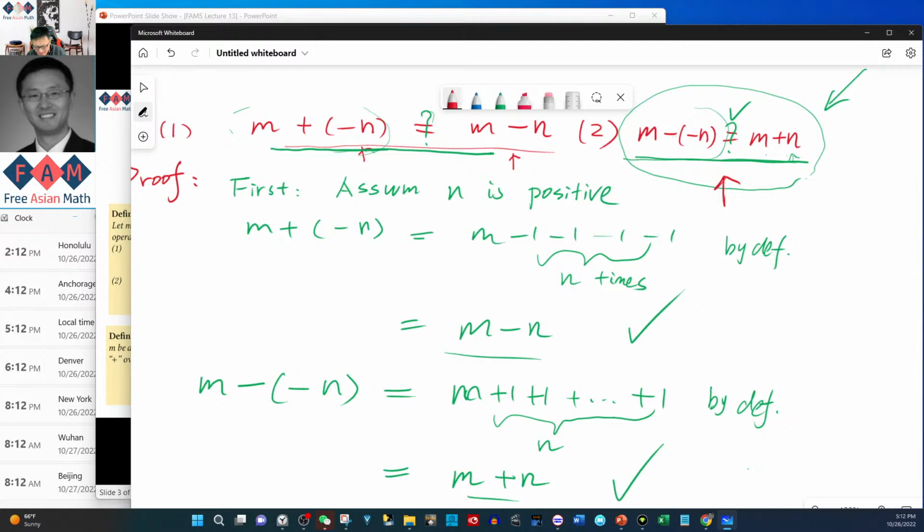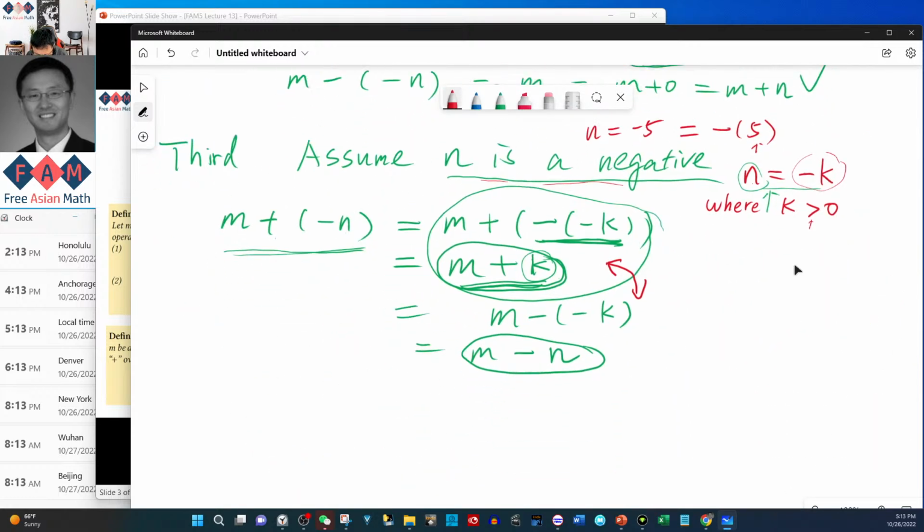Isn't that interesting? So in the second case, or the third case of the proof, we are essentially using what we just proved in the first case. And in the first case, the second portion of the theorem is right here. That's what we just proved, and we were able to use that in this part. It's very important to understand here. m plus k equals m minus negative k, because we just proved it in the first case.